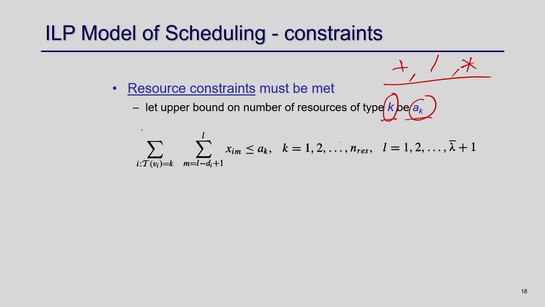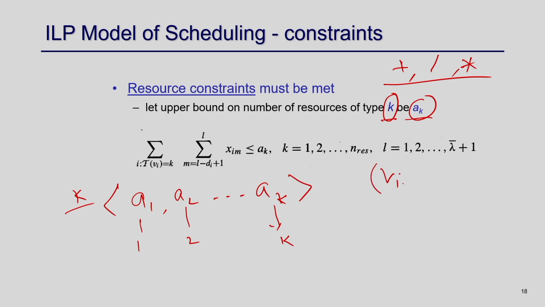So, if there are k such operators, the bounds are a1, a2 to ak: this is for operation type 1, this is for operation type 2, and this is for operation type k. Given a vi, the type of the operation is determined by the function tau.